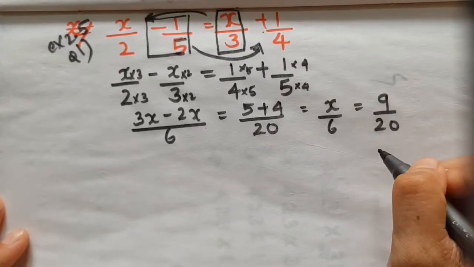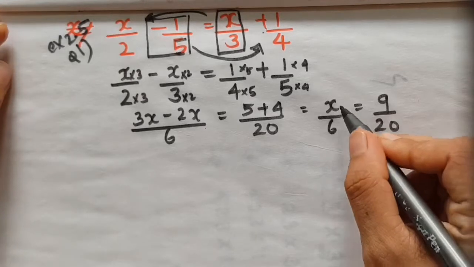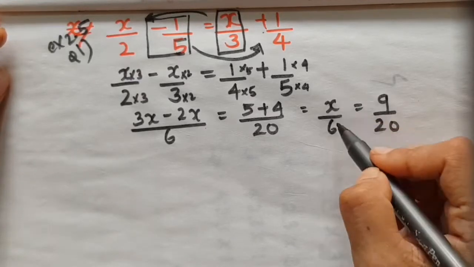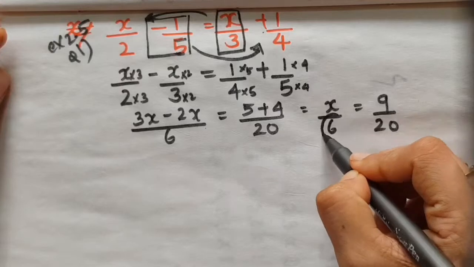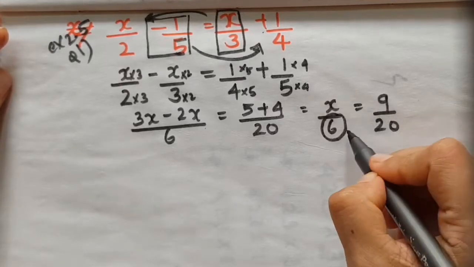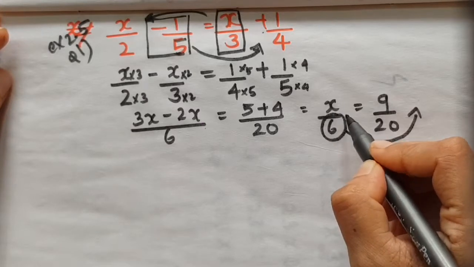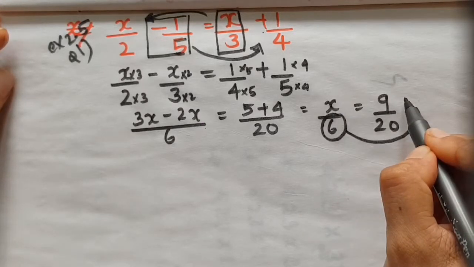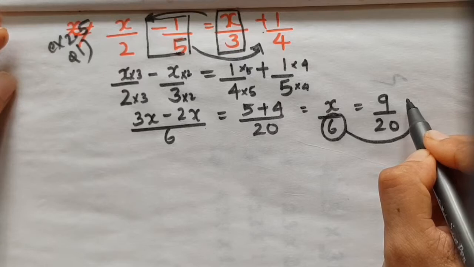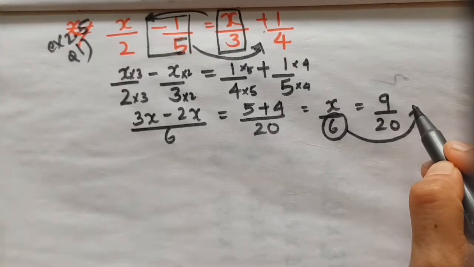Now how to solve it further? We have to make it as a single x term, right? So we'll take 6 to the other side. So the divided by 6, when it is taken to the other side, it will become into 6.